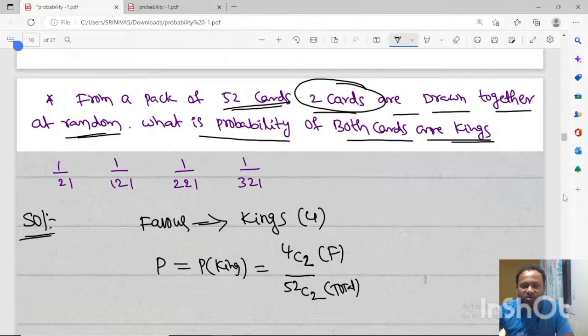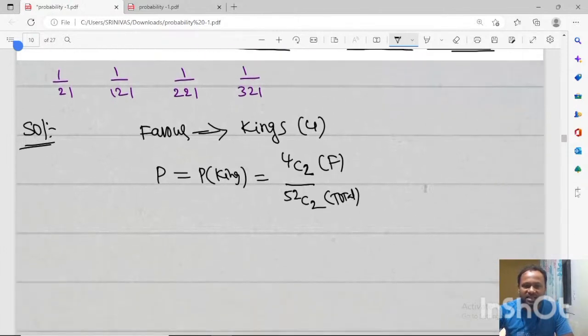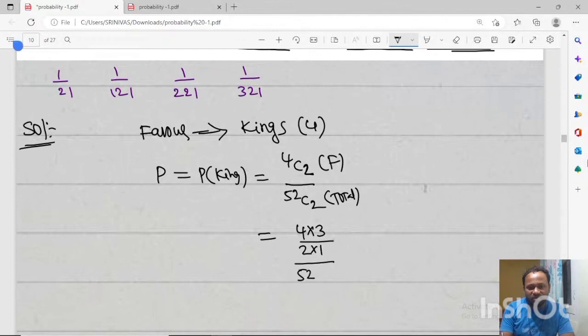Now you can simplify and say the answer. 4C2 is nothing but, I did a shortcut method: 4 into 3 divided by 2 into 1, divided by 52 into 51 divided by 2 into 1. 2 into 1 got cancelled.